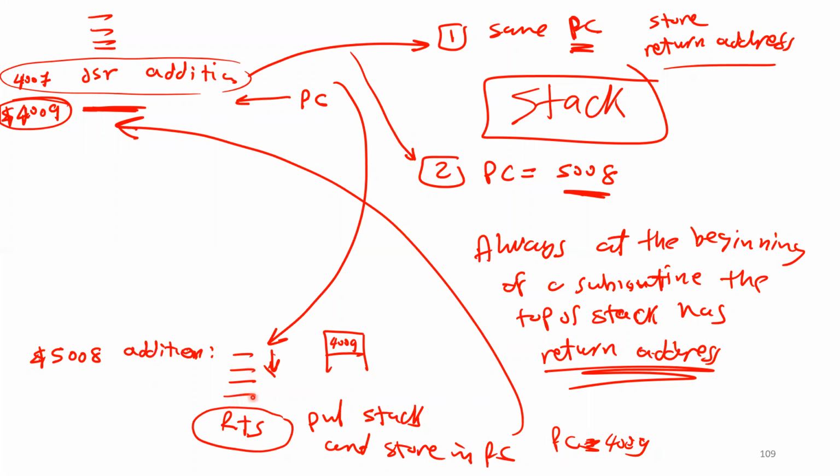So here you have to make sure the amount of data you push equals the amount of data you pull before you go to RTS. Otherwise, your program is gonna crash. You're not gonna return to this location. You are gonna go to a random location. Any question, guys? Very important, you should understand it. If you have any problem, just unmute and talk to me, okay?